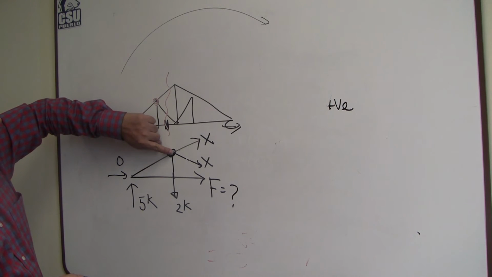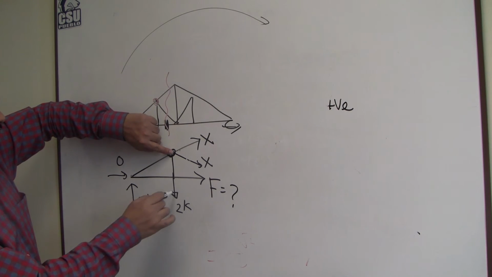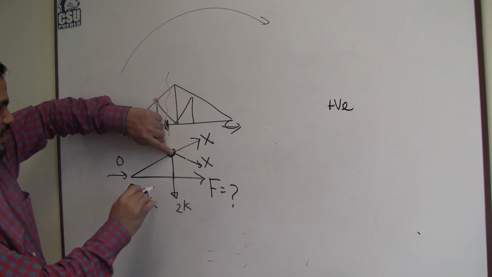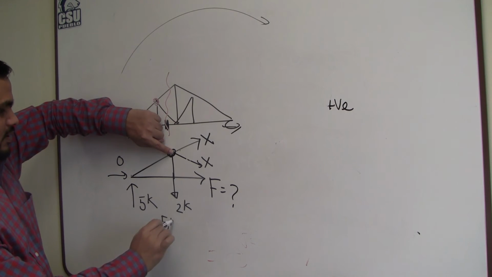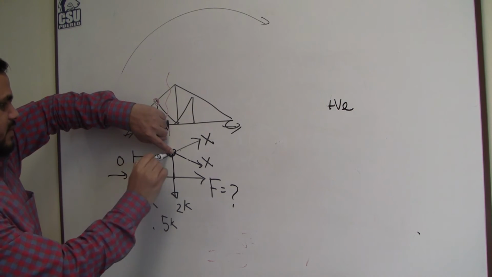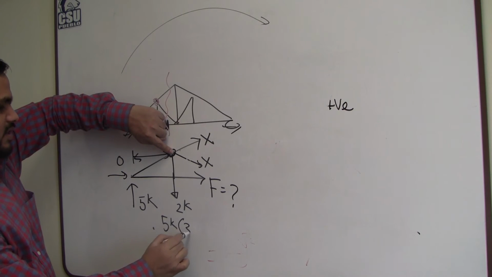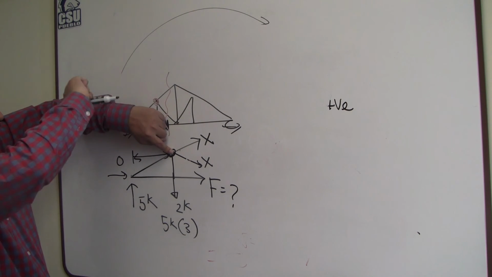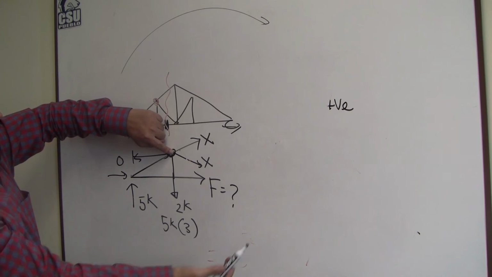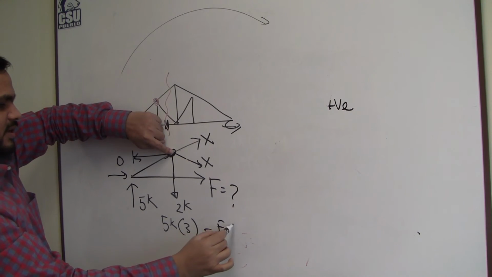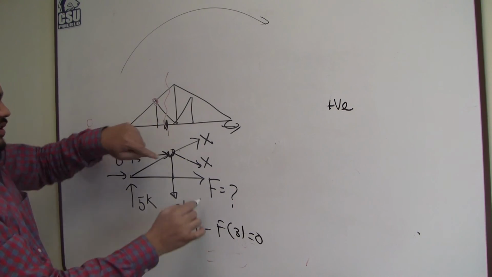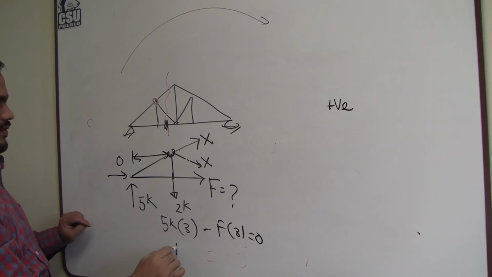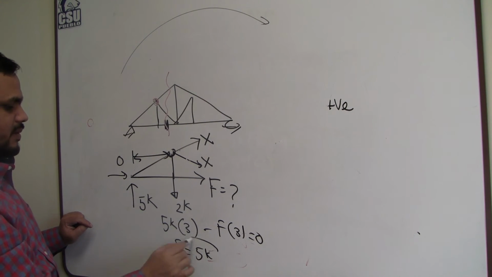If I take moment about this point, this will vanish. So 5 times this distance, that was 3. Positive or negative, say clockwise positive, so this way, and this force counterclockwise negative, so F times 3. So actually this F equals 5, if I am not wrong.